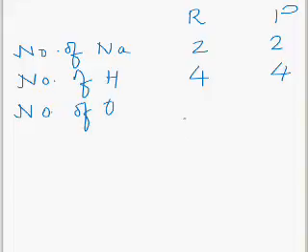And how many oxygen atoms do we have on reactant side? It's 2, and on product side it is also 2. So this equation contains an equal number of sodium, hydrogen and oxygen atoms. So this is a balanced chemical equation.